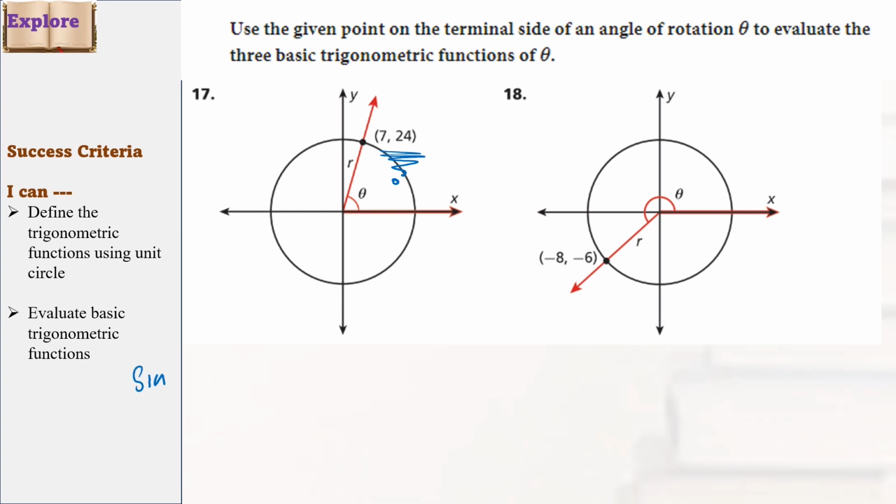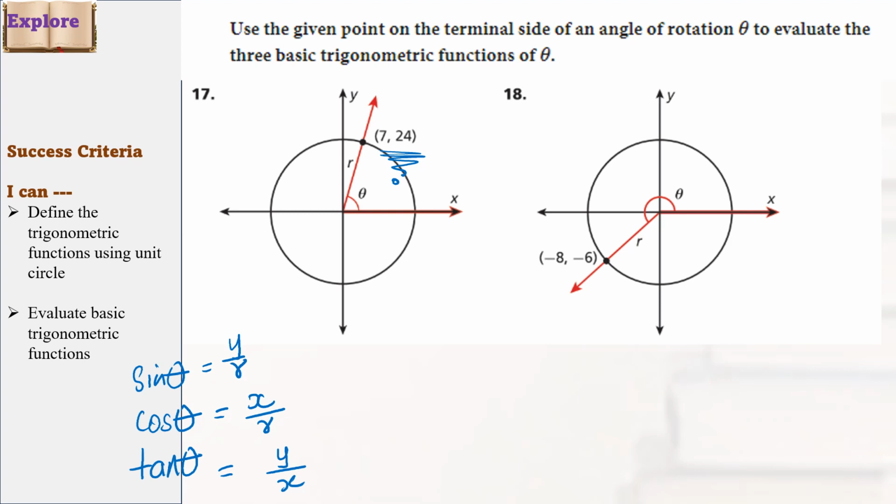They are sine theta, cosine theta and tangent theta. Remember that sine theta is y over r, opposite over hypotenuse, cos is x over r, adjacent over hypotenuse, and tangent is y over x, that is opposite over adjacent.